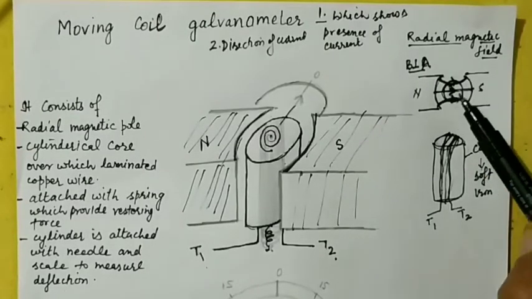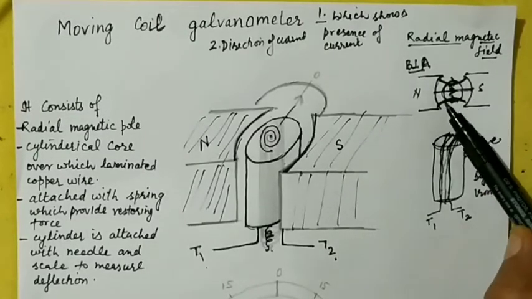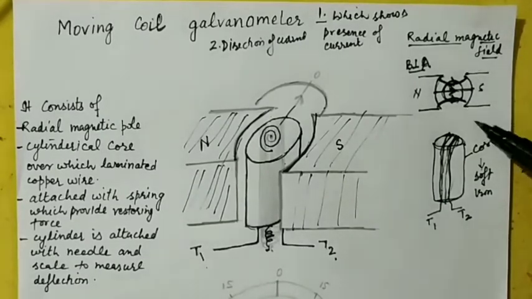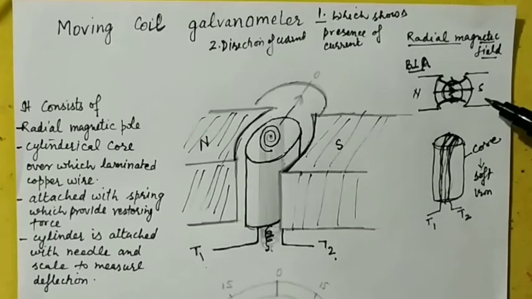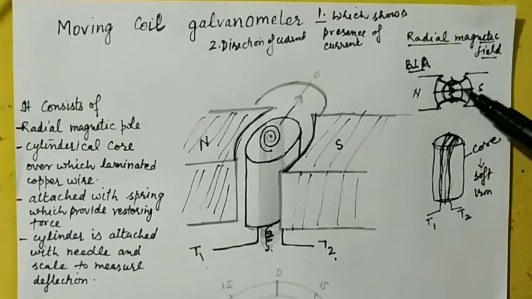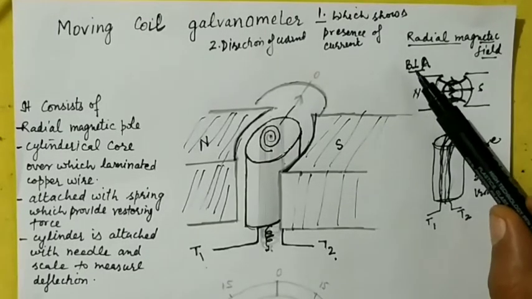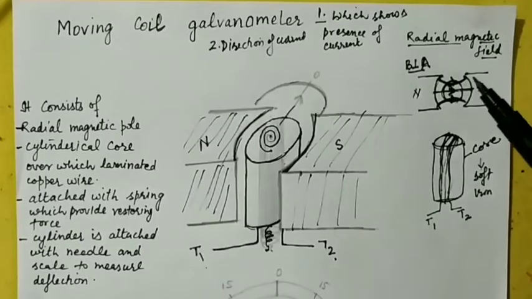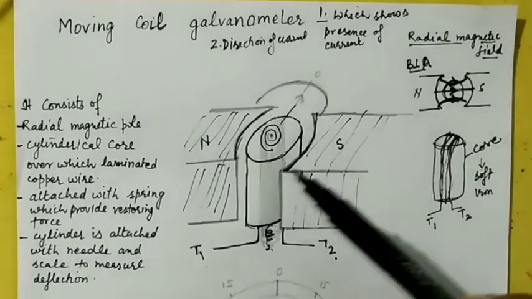The magnetic field produced by these poles is shown by these lines. So this is known as a radial field. Now, what is the advantage? The advantage of this magnetic field is that it provides a concentrated magnetic field between the poles, and because of this field, the magnetic field is always perpendicular to the area vector of the loop.